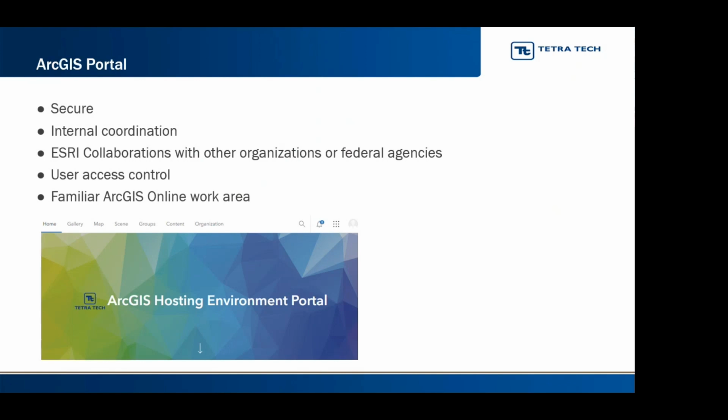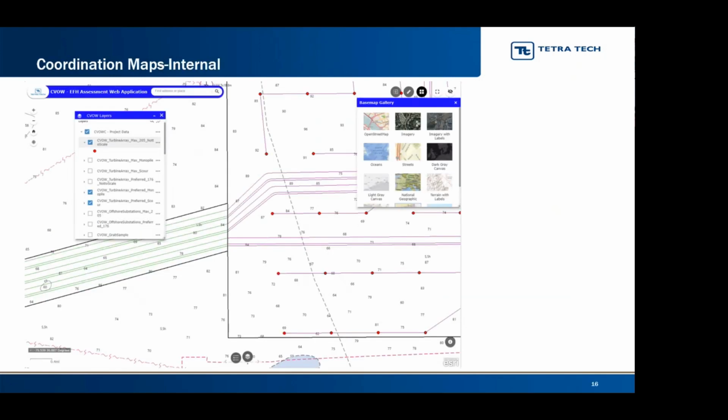And so we do this to enable sharing both internally within Tetra Tech and then within any of the collaborators on the projects. But it's basically your usual ArcGIS online kind of environment, which enables us to do the fun stuff, which is making some maps.